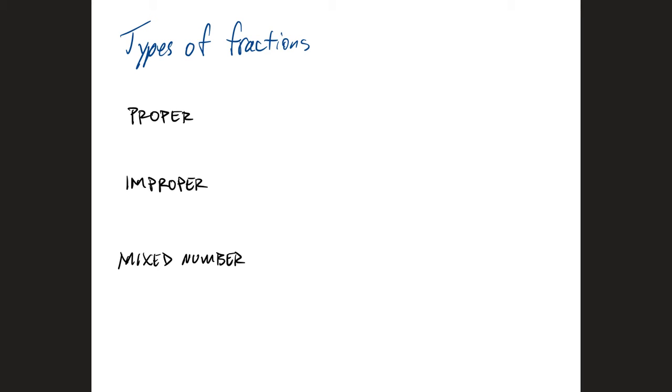We have proper fractions. That's where the numerator is smaller than the denominator. Some examples: 4/5, 6/8, 1/31. Okay, we have improper fractions. That's where the numerator is larger than the denominator. 5/4, 8 halves, 8/2, or 131/3. Then we have mixed numbers.